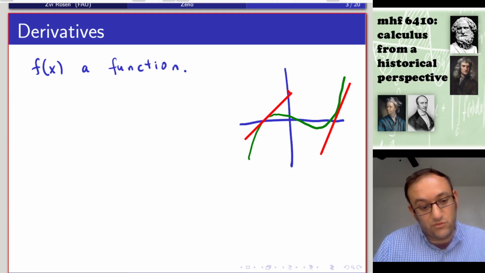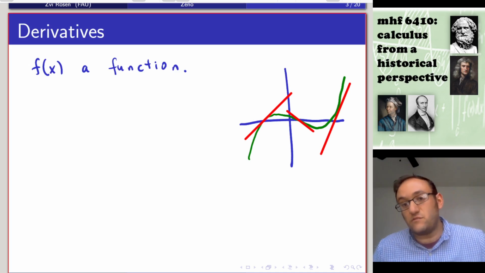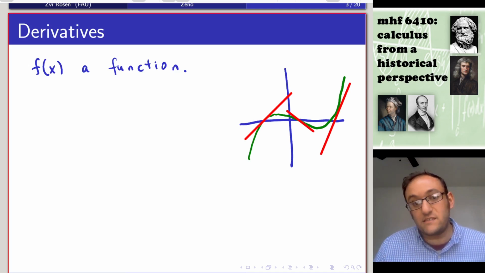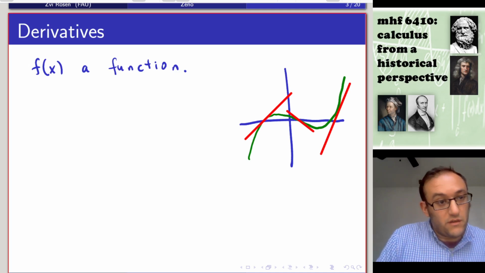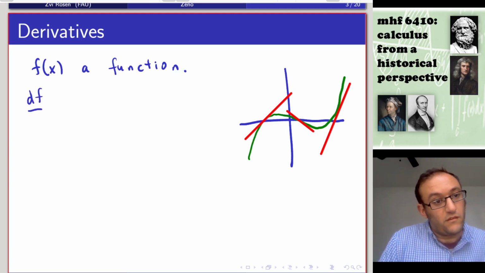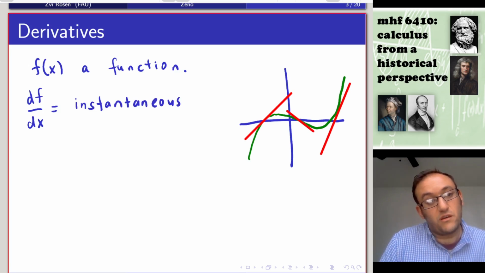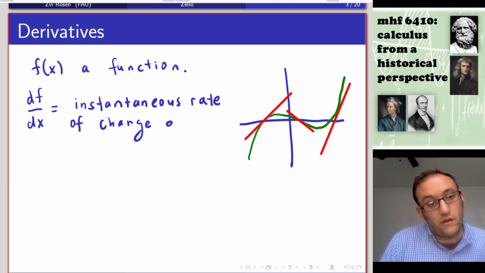Okay, and we'll take this to represent the instantaneous rate of change, or the instantaneous slope of the curve. Okay. So the derivative is the instantaneous rate of change of f(x).